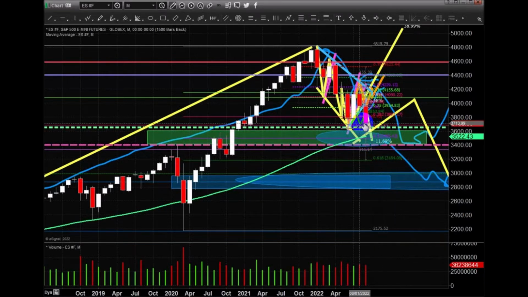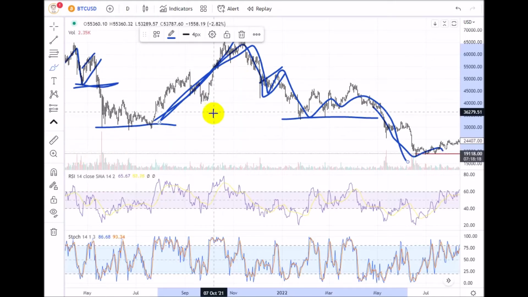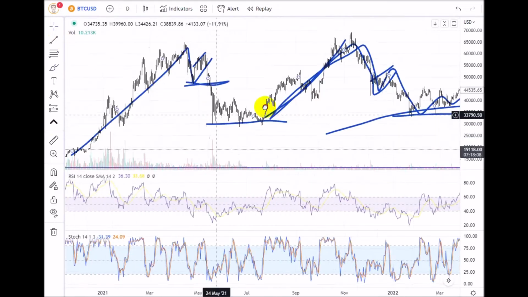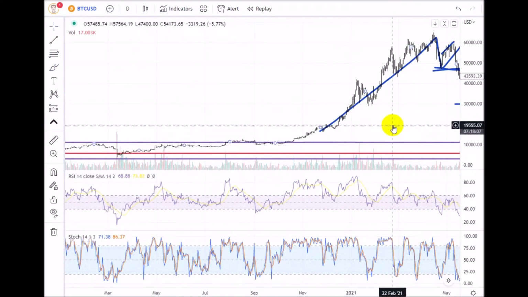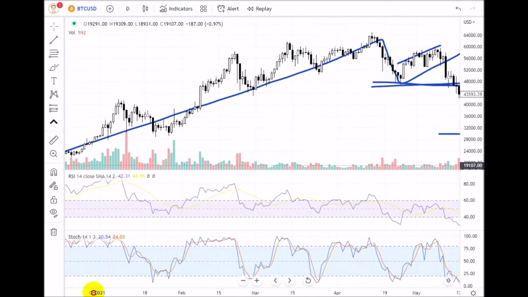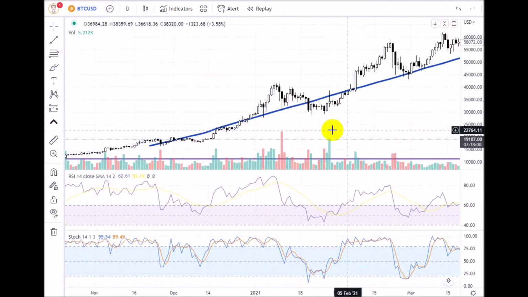So again, if we take a look at the Bitcoin chart, I've shown you a lot of examples where the market has flagged out and moved down. But there's a ton of examples where it's flagged out. So for example, right here, we have the same type of flagging formation.